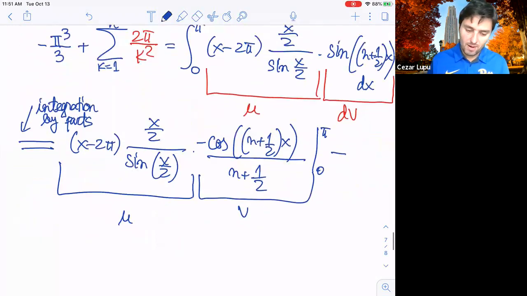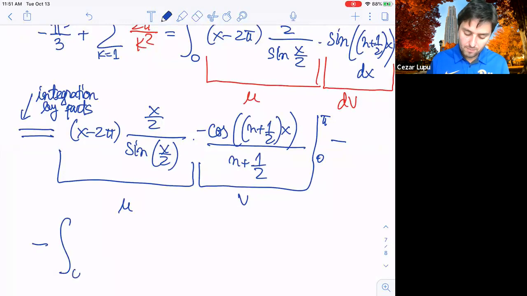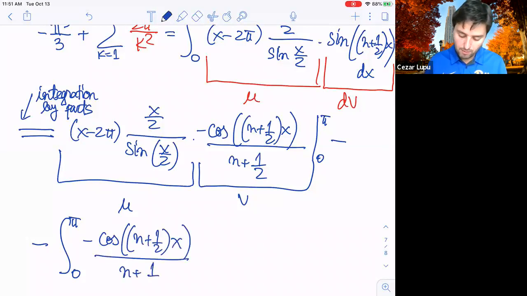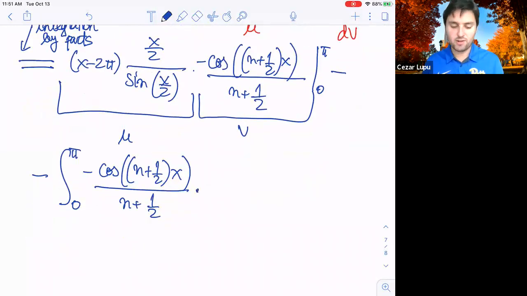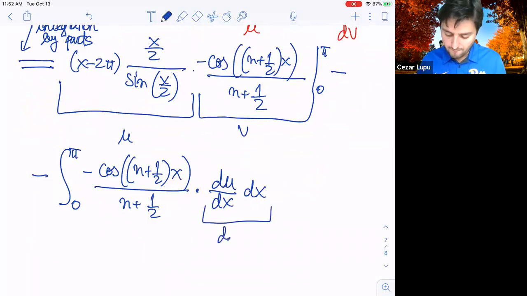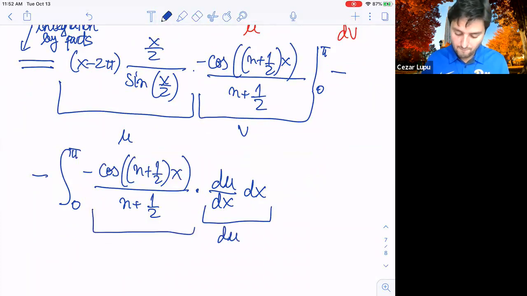And minus the integral from 0 to pi of negative cosine of (n plus 1/2) x over (n plus 1/2), times du dx dx. I'm not going to write the function, I don't want to compute the derivative of this, and you will see why. So this is du, this is v. That's the integration by parts.